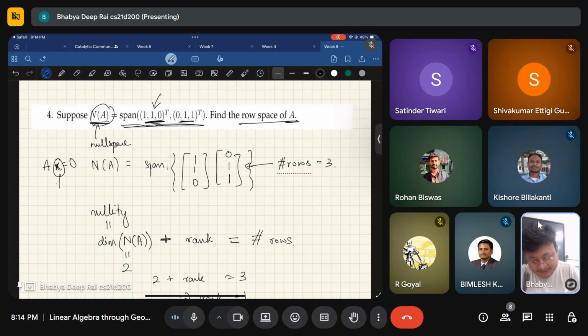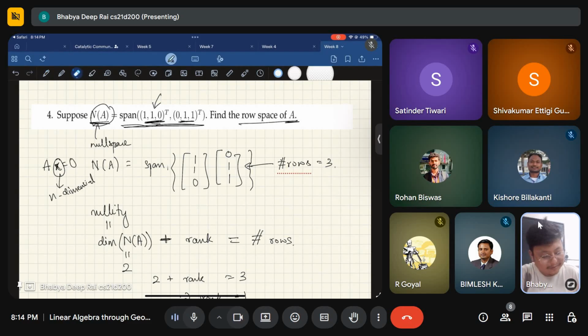Because x is an n-dimensional vector. A is m by n. Yeah, n is the number of columns. That's correct. Yeah, thanks. But that means there is something wrong, right? No, it's correct.